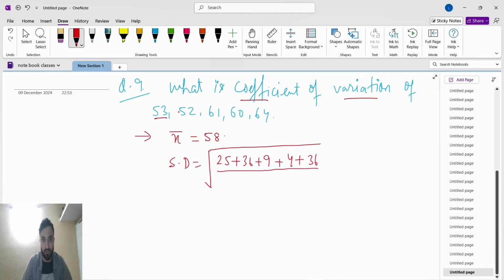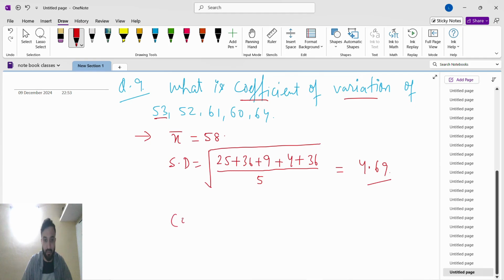The whole divided by n, which is 5. So 25 plus 36 plus 9 plus 4 plus 36 is 110, divided by 5 is 22, and then last we take the square root. 4.69 is the standard deviation.